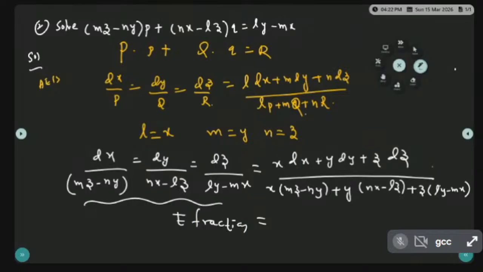Now I assign a work. First copy the step and simplify the denominator. Then I will tell you the importance of l, m, n, how I chose them.